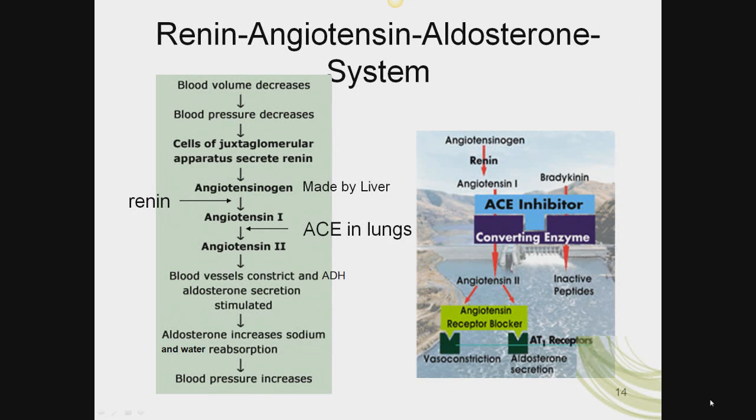Renin is going to cut angiotensinogen into angiotensin I, and angiotensin I is cut by ACE, angiotensin converting enzyme, which is an enzyme found in the pulmonary capillary beds. And so angiotensin I is converted into angiotensin II, an 8 amino acid long peptide, octapeptide.